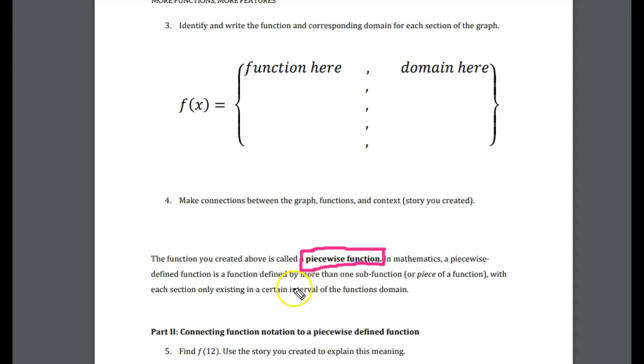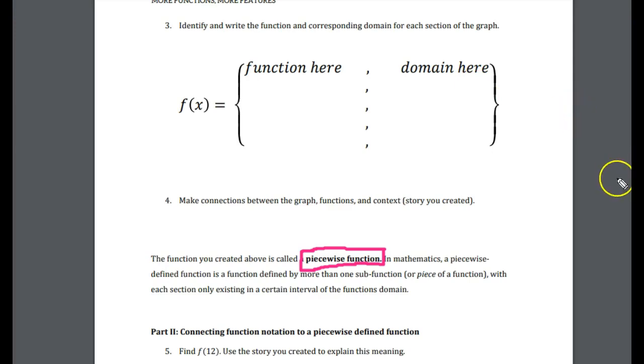And because it's made up of pieces, we need to give it 2 pieces of information. What is the piece? What is the function? What is its equation? And when do I use that piece? So if you recall, we talked about that each of those sections used particular x values.